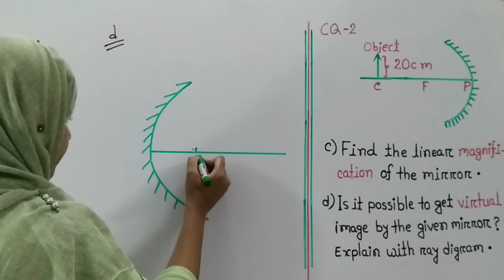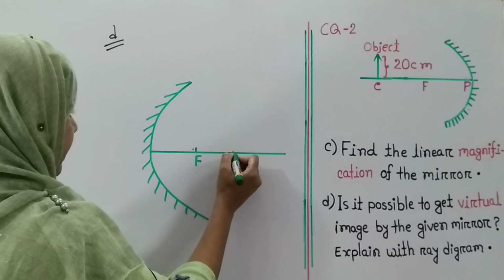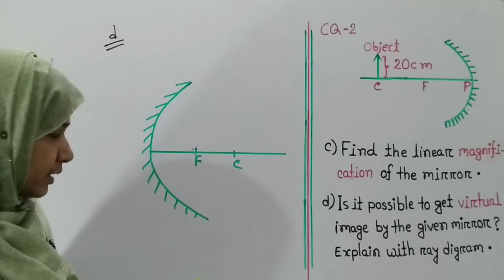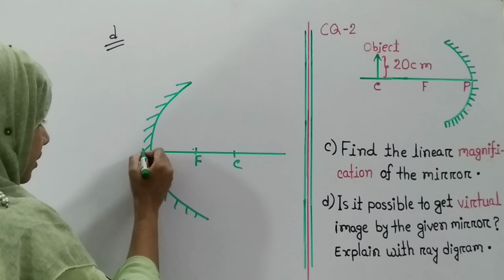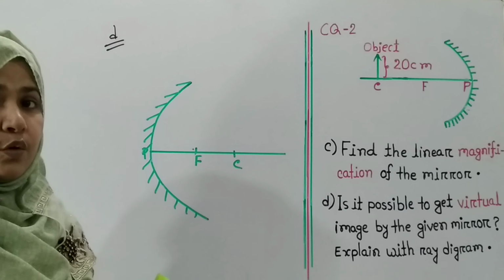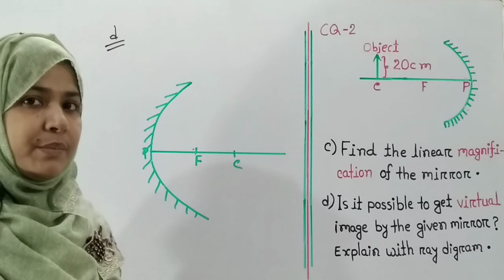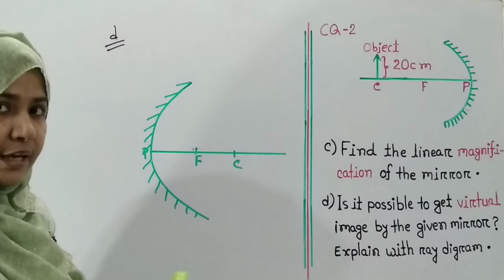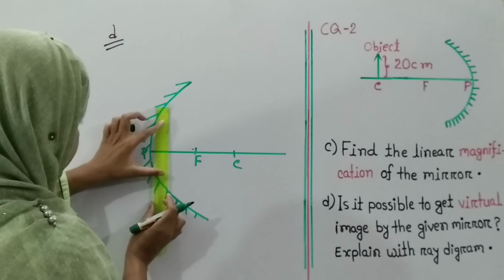This is F, focus, and this is center of curvature. And as we are going to draw a virtual image, that means the object must be kept between P and F. So I am placing an object.